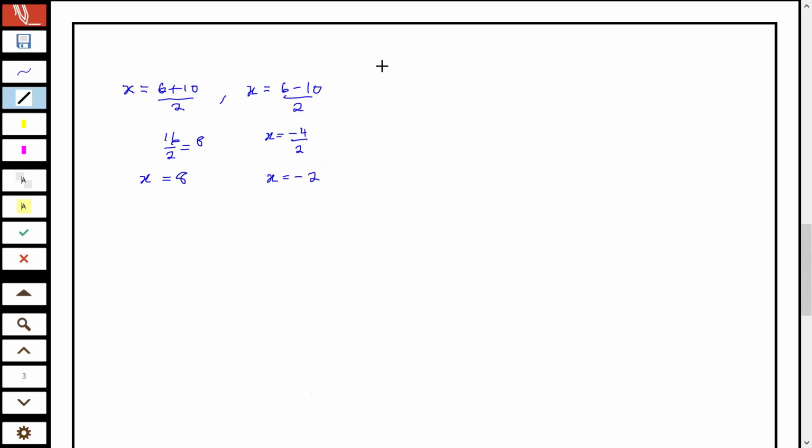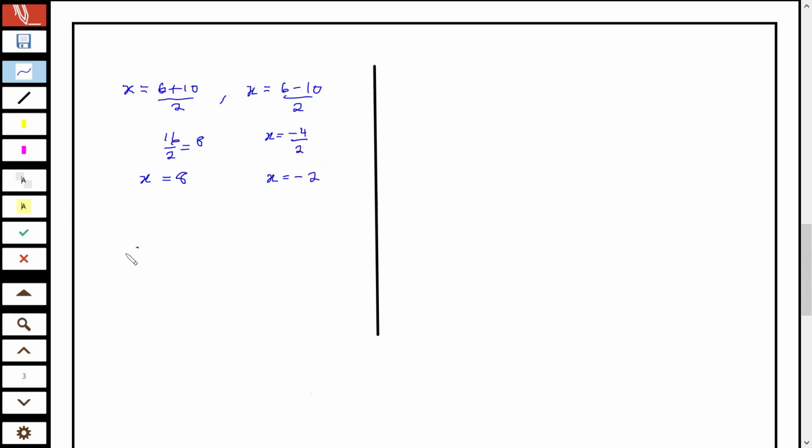Now, having found the value of x, we will have to now find the corresponding y value, given the value of x. Now, how do you find the corresponding y value? We have to find the corresponding value by now substituting the value of x into the original equation.